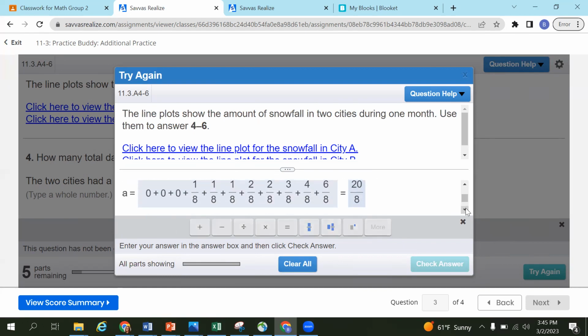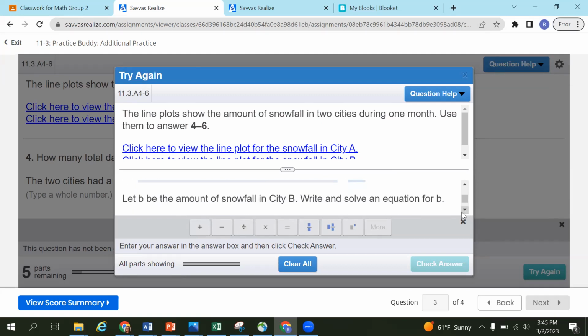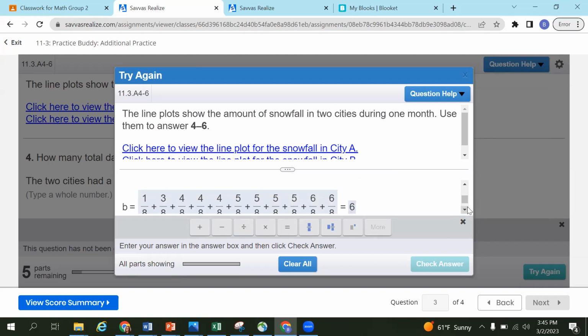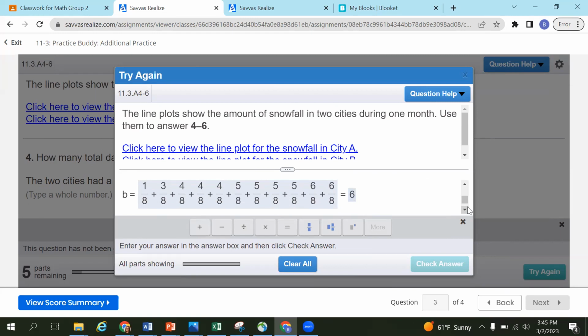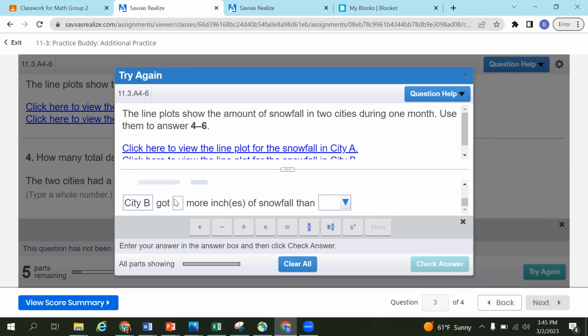I know it's a little frustrating the way this is set up. Keep going down. So you just went past it. It's the answer from the previous one, 3 and 4/8 there. That number. That's what you're looking for. Okay.